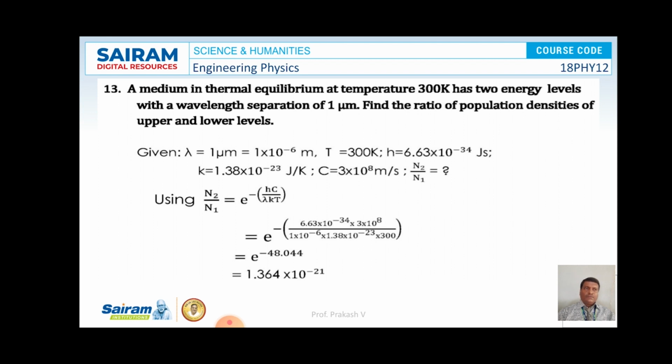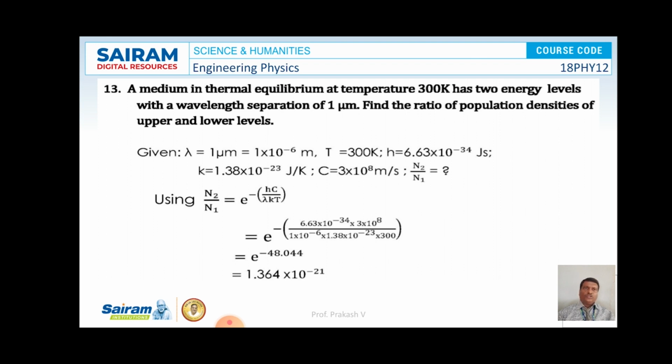Given lambda is 1 micrometer, that is 1 into 10 to the power minus 6 meter, T is 300 Kelvin, and h is 6.63 into 10 to the power minus 34 joule second, and k is 1.38 into 10 to the power minus 23 joules per Kelvin, and c is 3 into 10 to the power 8 meter per second. So here we have to calculate what is N2 by N1.